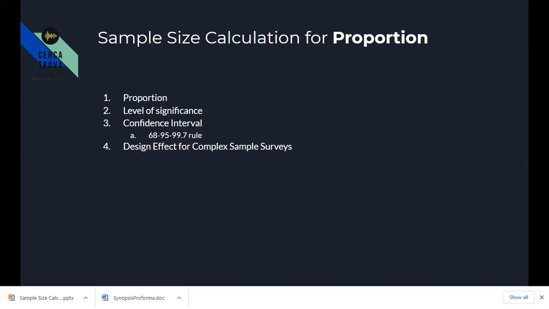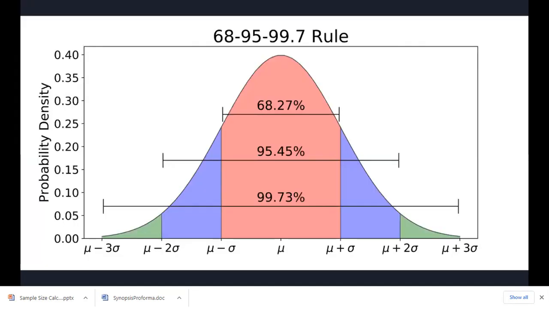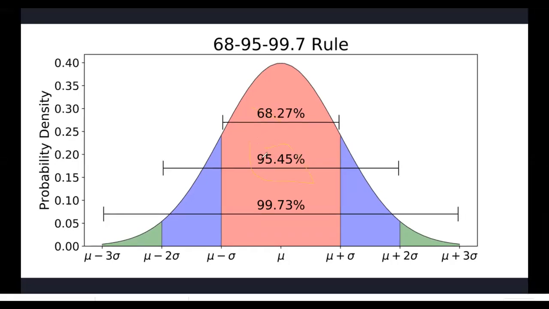So now we will be discussing the basics of confidence interval and what this is. What you are seeing on your screens is called the empirical rule, also referred to as the 3 sigma rule or the 68, 95, 99.7% rule. It is a statistical rule which states that a normal distribution, which is almost always observed in data, will fall within 3 standard deviations. Here you can see on the screen there are 3 standard deviations. The first one is 68.27%, the second one is 95.45%, and the third one is 99.73%.